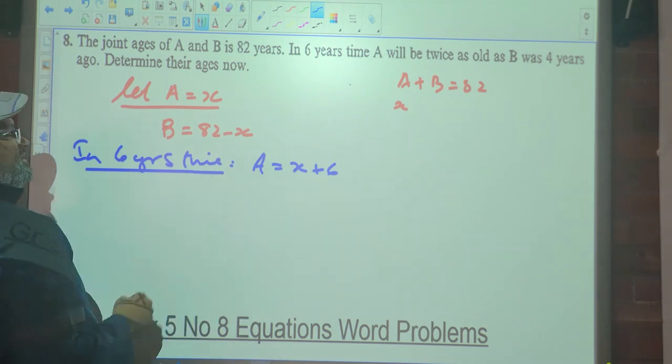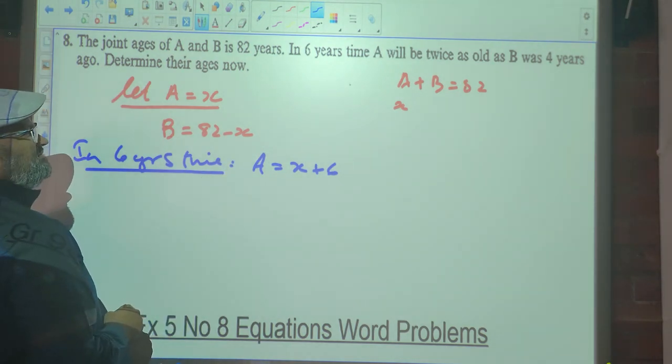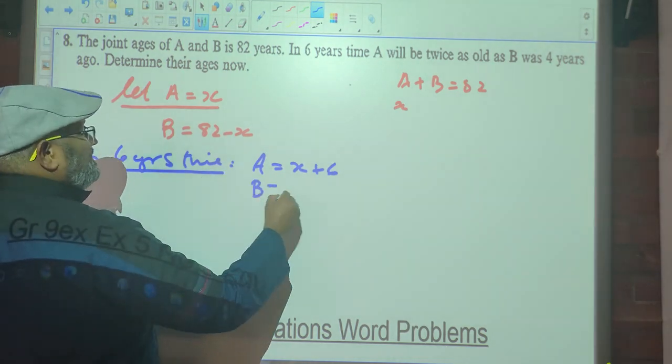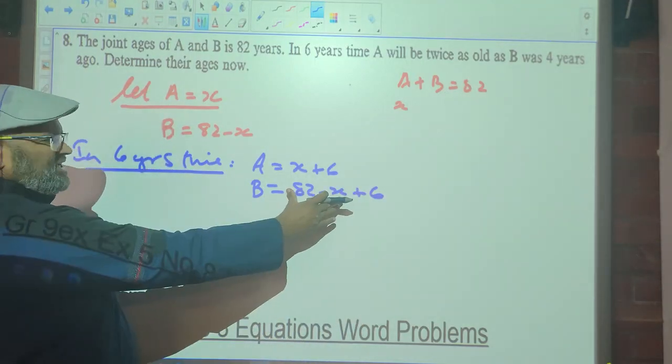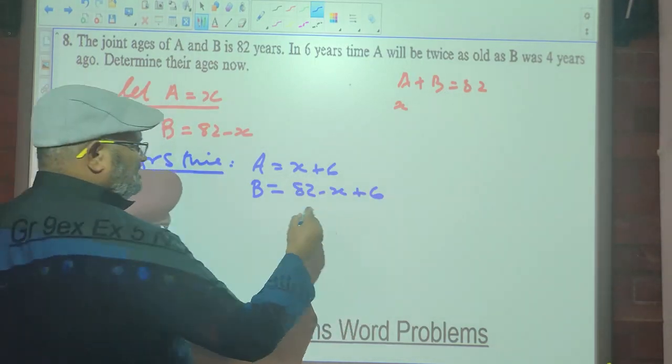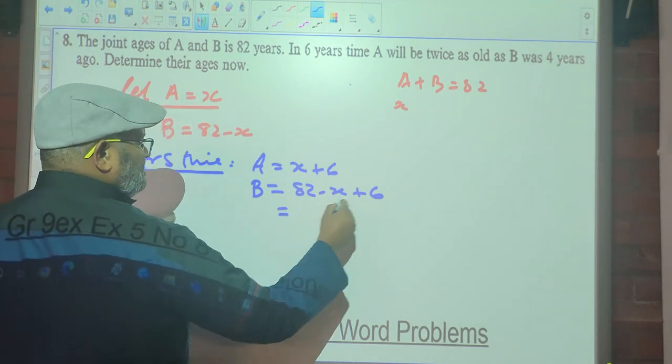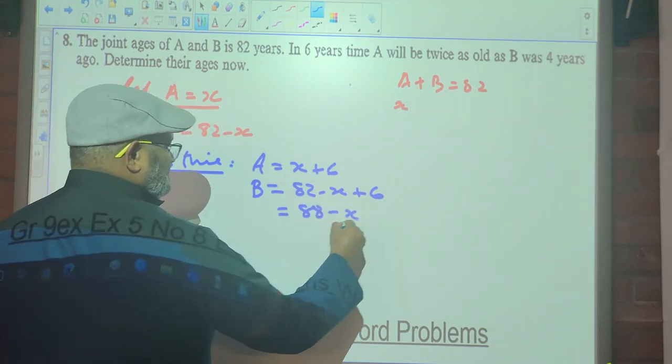How old will B be in 6 years' time? B will be 82 minus X plus 6. Whatever he is, 6 years older. Which gives me a total of 88 minus X.